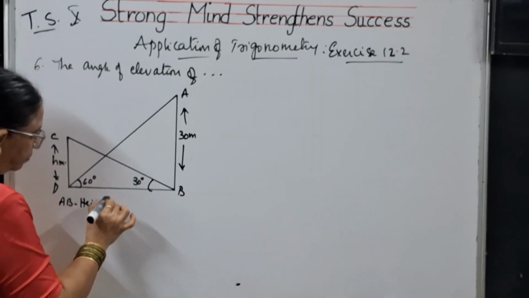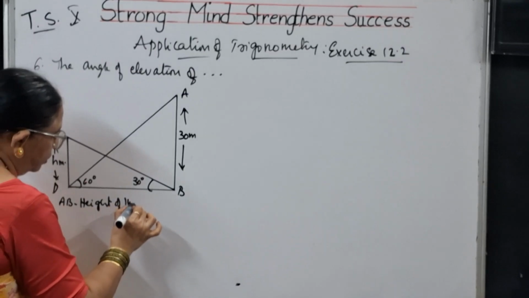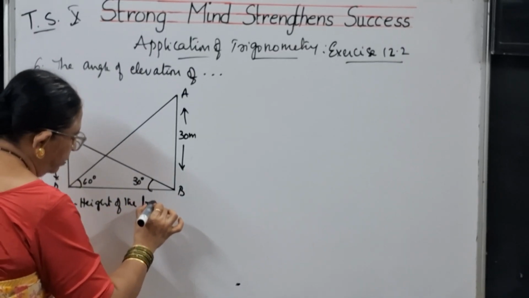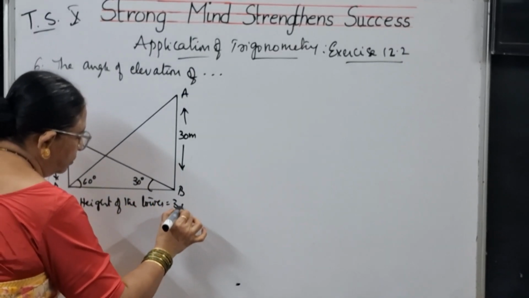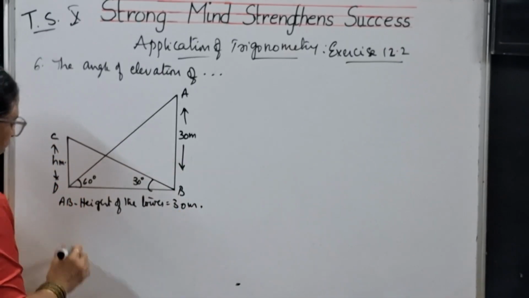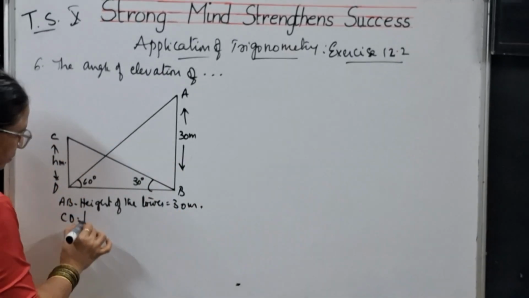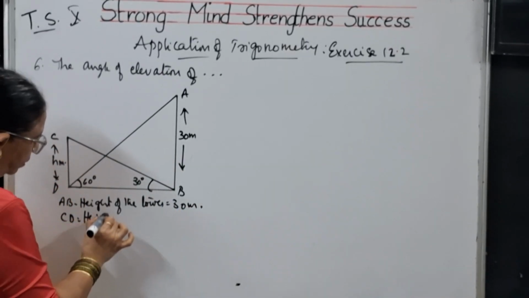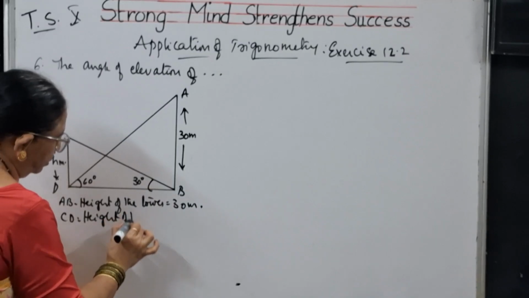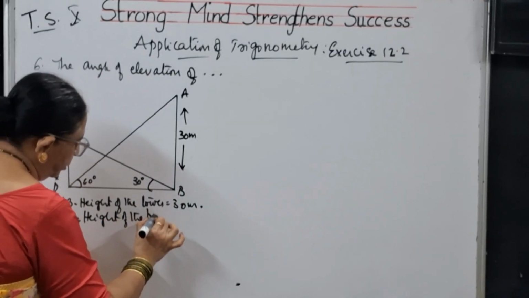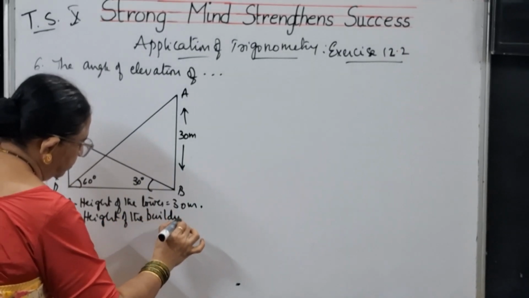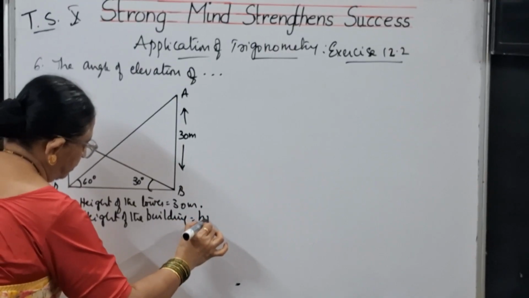AB is the height of the tower, that is equal to 30 meters. And CD is the height of the building, that is equal to h meters.